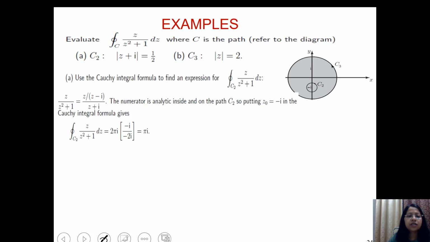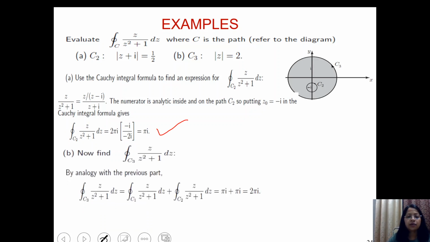So it is inside, so we'll use Cauchy integral formula here. 2 pi i f of z naught we have already studied, so that is being used here, and we get the result pi iota. For the next, once again we can use Cauchy integral formula, and using the first part we have here the result 2 pi iota, right?